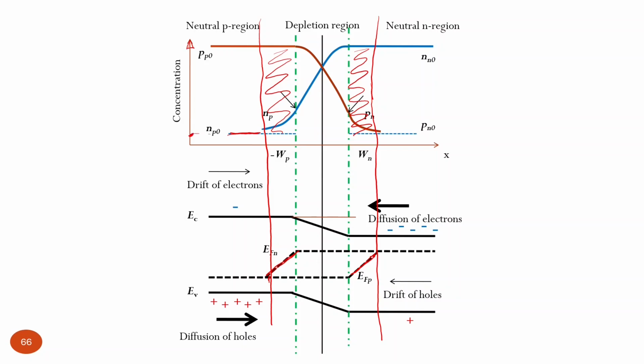So we determined this thermal equilibrium charge carrier concentration of electrons in the p region and holes in the n region. And first we had equations for the concentrations of non-equilibrium charge carriers at the edges, coordinate minus W_p and coordinate W_n.